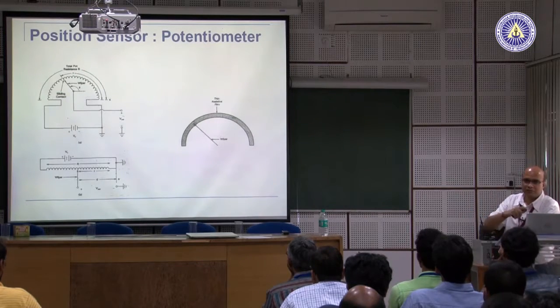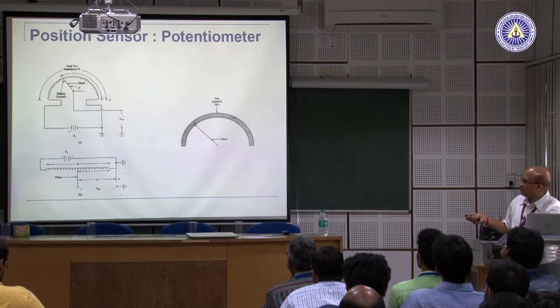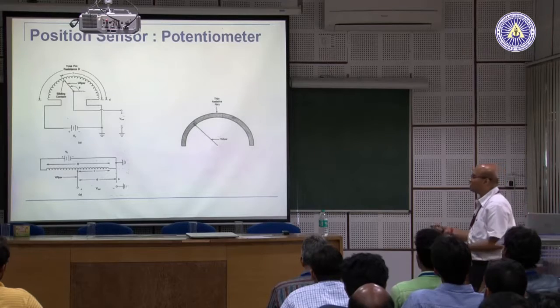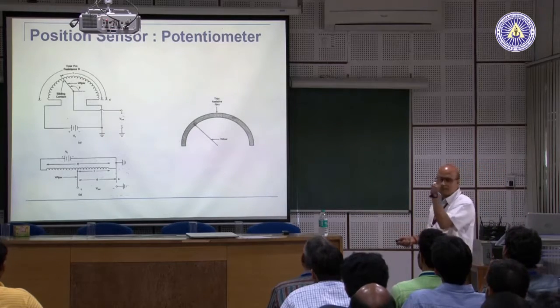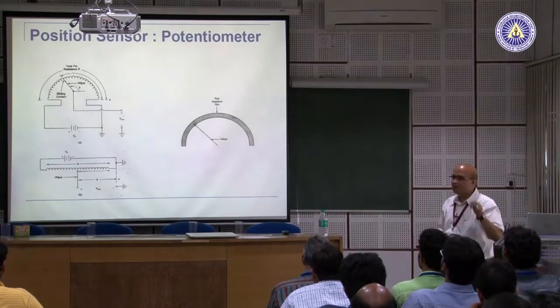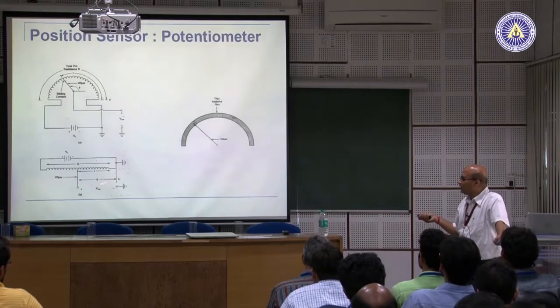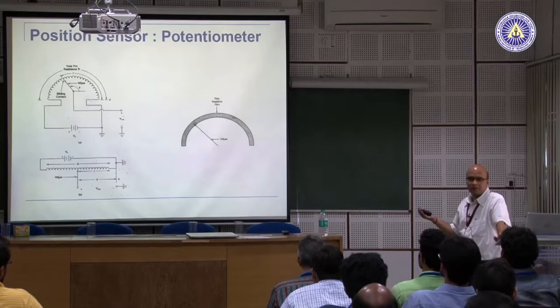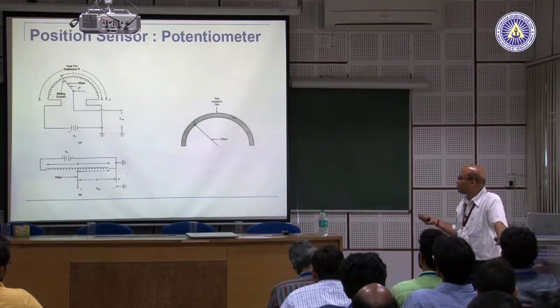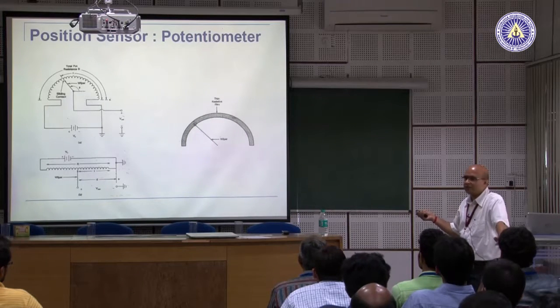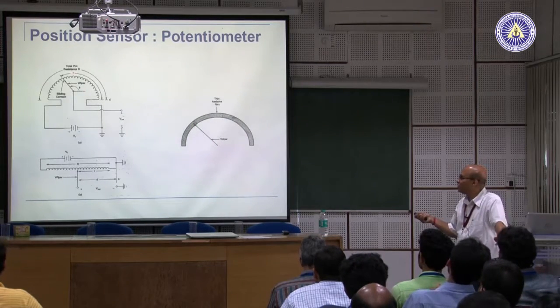We can calibrate it by saying that this is 0 and that is 180, and have a calibration chart which shows that for whatever the ratio r by R, what is the exact position of that wiper. This is the rotating type of potentiometer, this is the linear type, both of them work, and this is the solid state one where there is a thin film resistor. The working principle is the same: there is a wiper and it moves on that thin film resistor, so essentially it works with a ratio of small r to capital R.